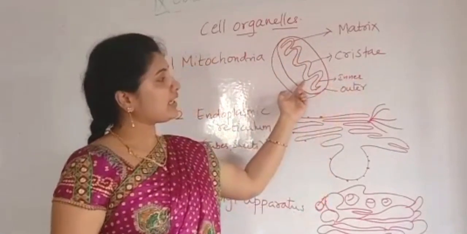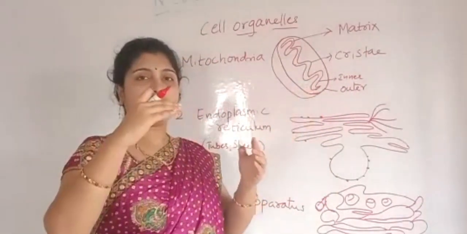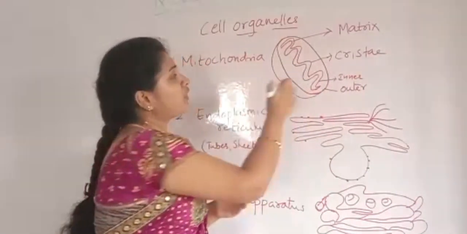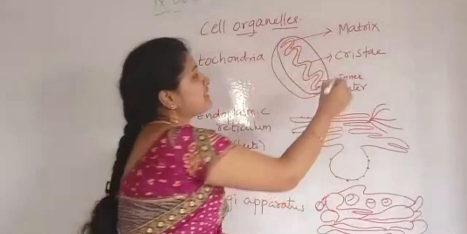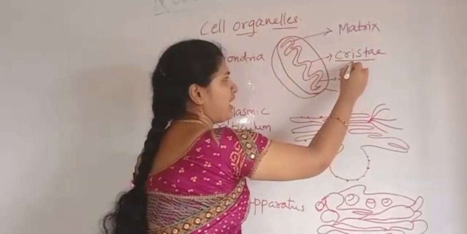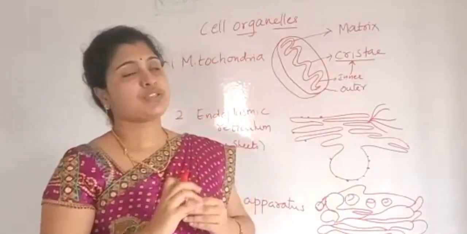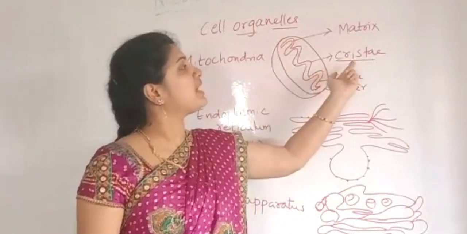If you observe the picture here, this membrane is protruding inside to form some structure. This structure is known as cristae. The inner membrane itself is protruding inside, forming such a structure, which is named cristae.